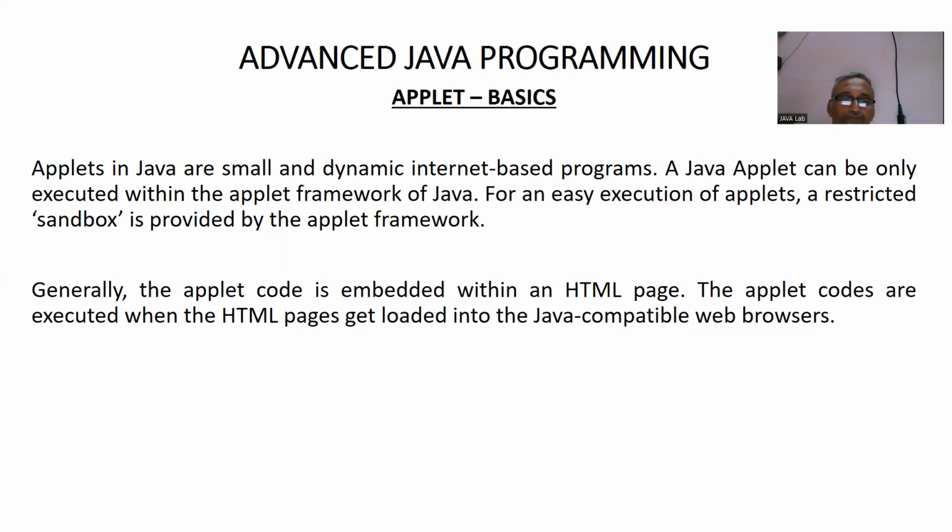Okay. Now, how to execute applets in Java? There are two types of execution: using a Java enabled web browser or using applet viewer. First one, using a Java enabled web browser. If we are trying to execute our applet in this way, first we need to compile our Java applet file.